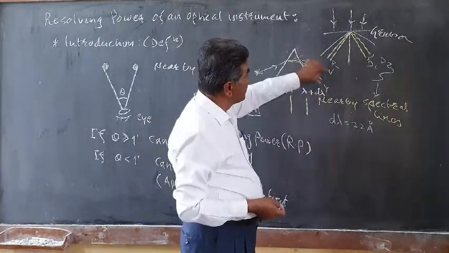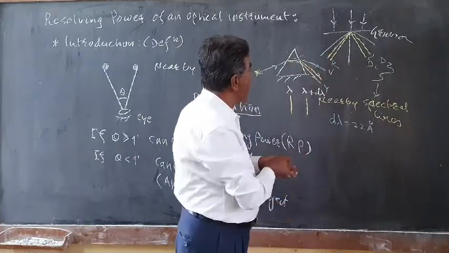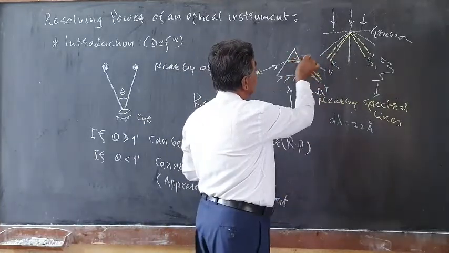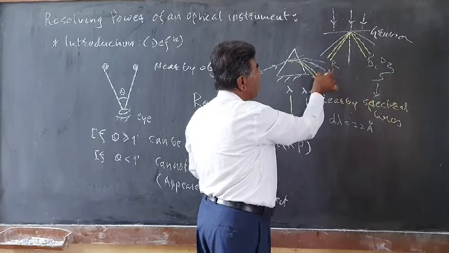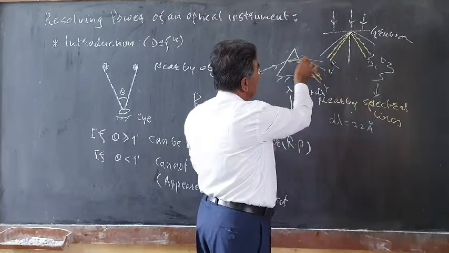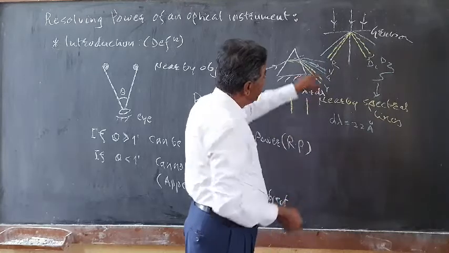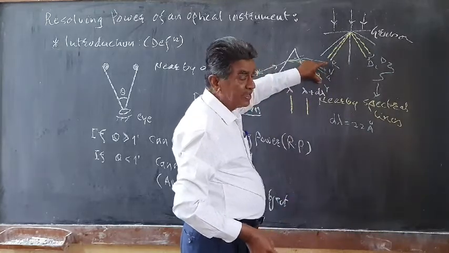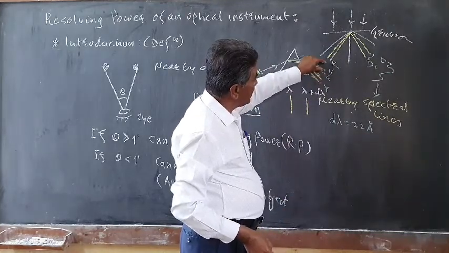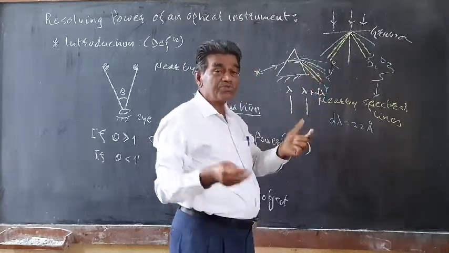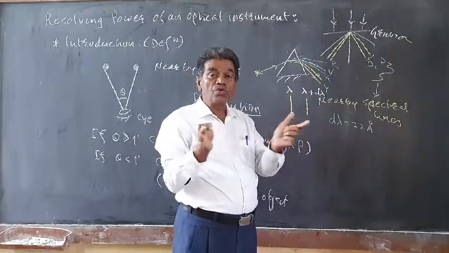Spectral lines such as violet, red, yellow and green are well separated. Nearby spectral lines means spectral lines close to each other.